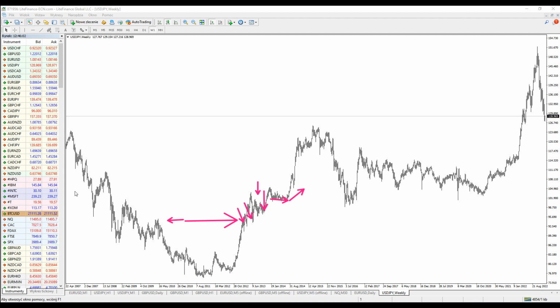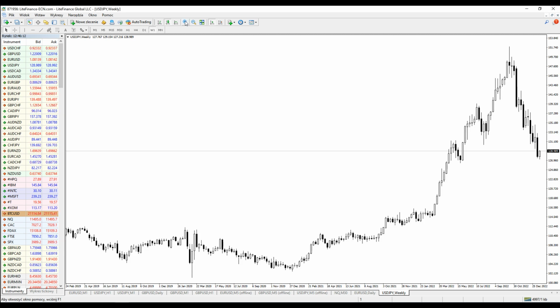What I'm trying to tell you here with a particular single candle is that we always have the possibility from the lower time frame to go with the flow. Usually going with the flow is the name of the game.